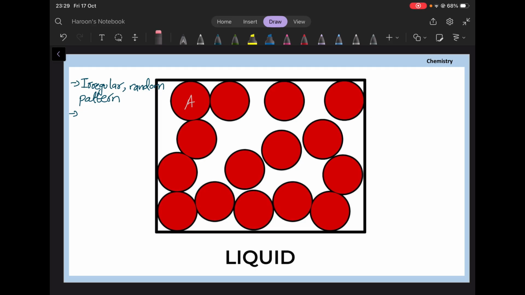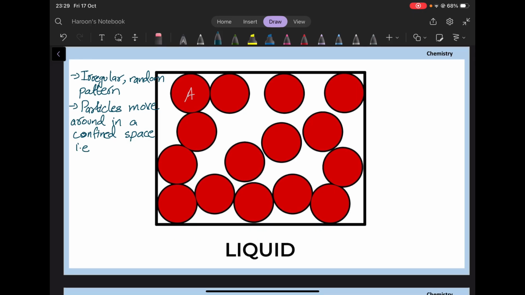So the particles move around in a confined space. That is, they slide over each other.